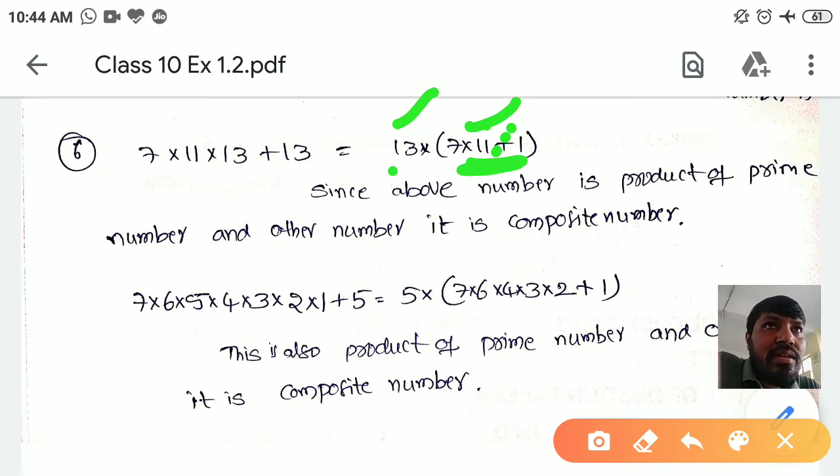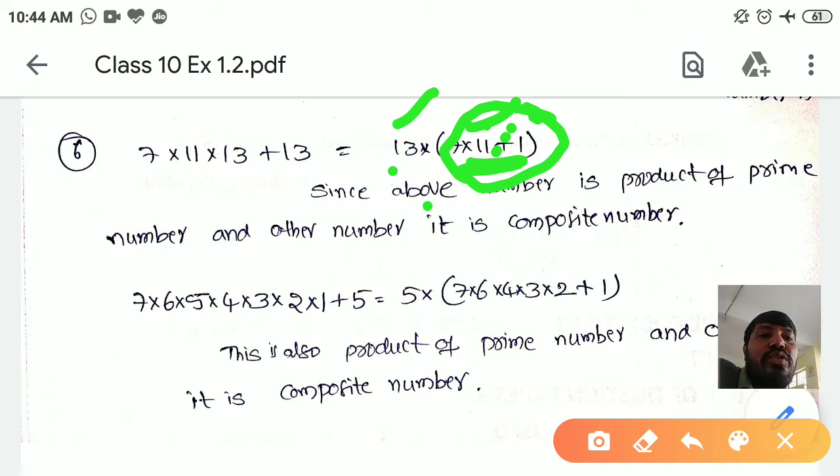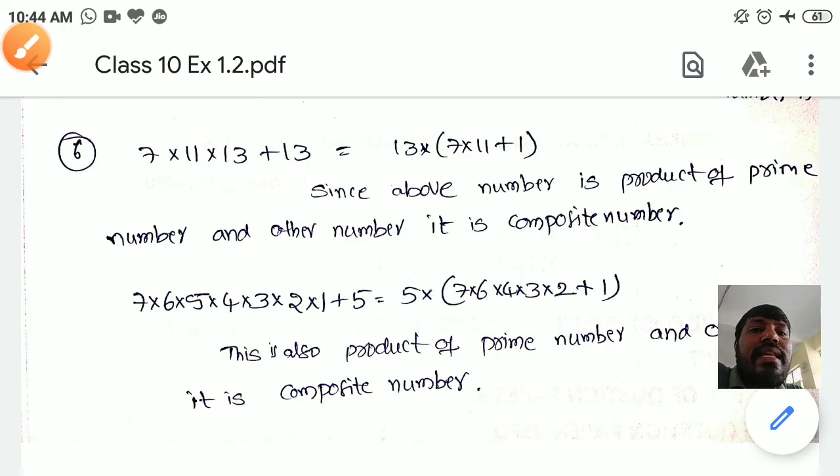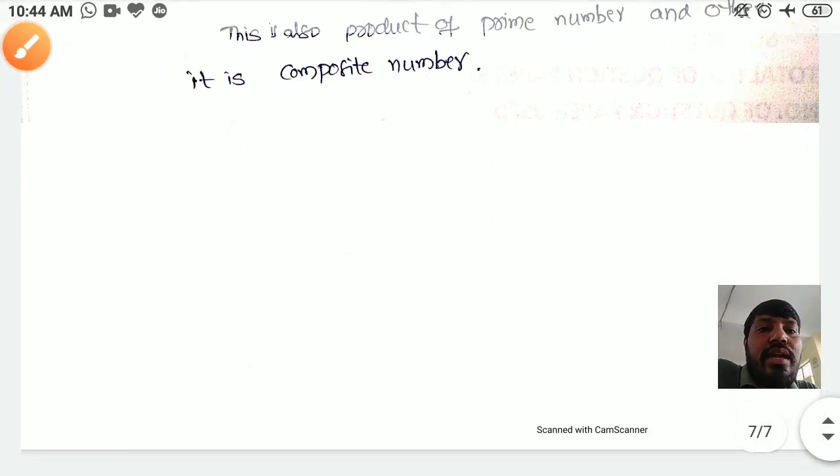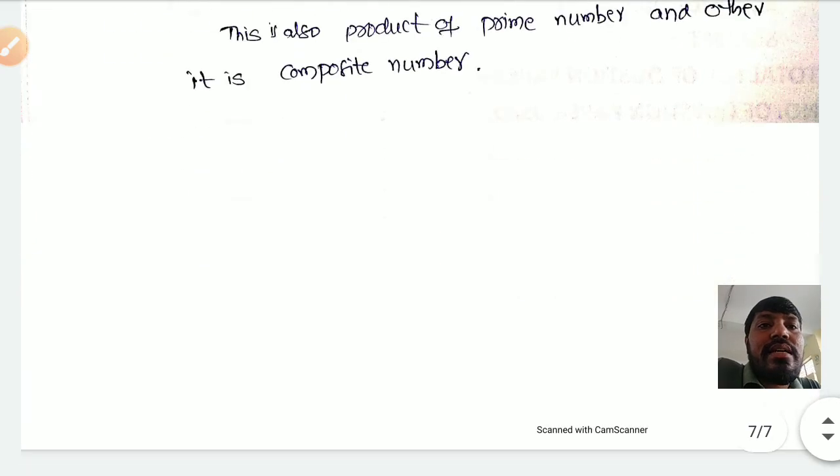If it is equal to 1, then 13 into 1 is 13, a prime number. If it is not equal to 1, any other number, then it will be a composite number. In the same way, the next one also you can do. So this is the sixth problem.